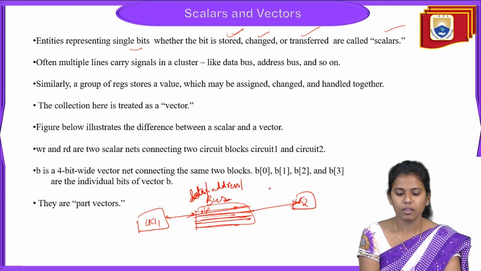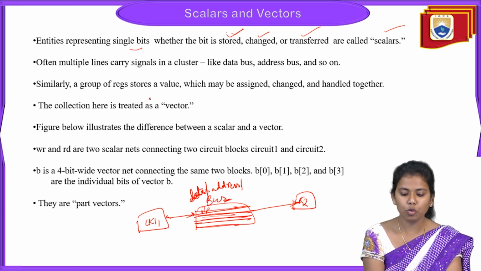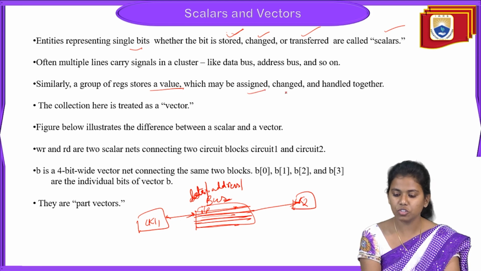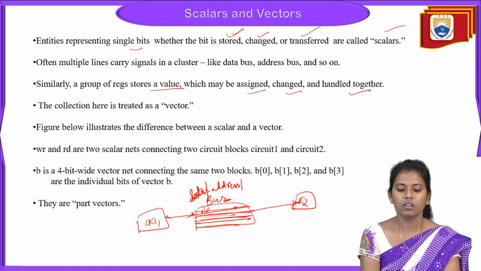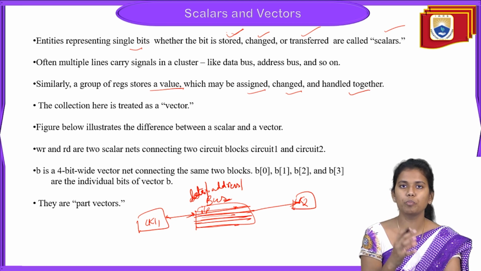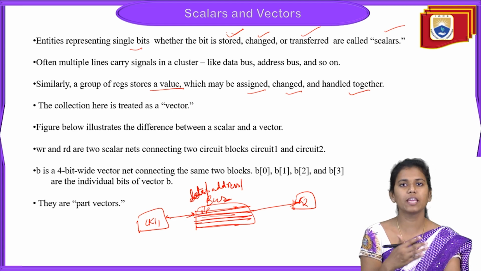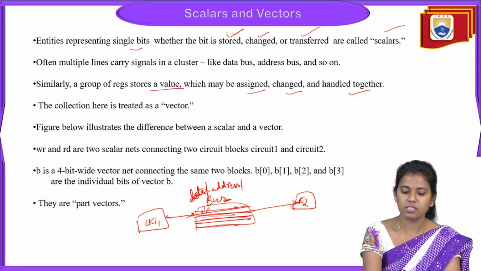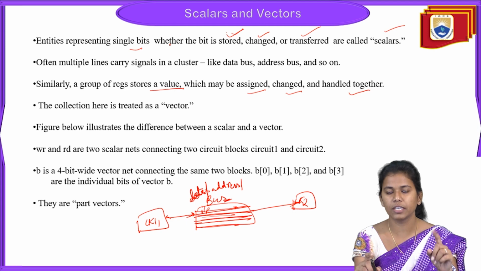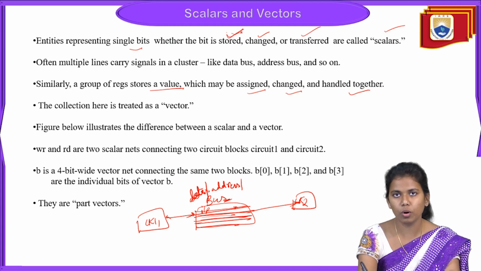Next, similarly, a group of registers stores a value which may be assigned, changed and handled together. So if you observe, the values stored in a group of registers can be changed. As I said, the first sentence talks about bits being stored, changed and transferred.